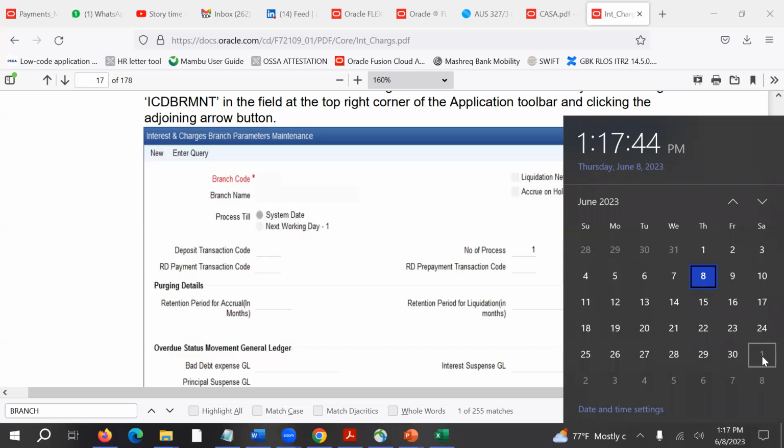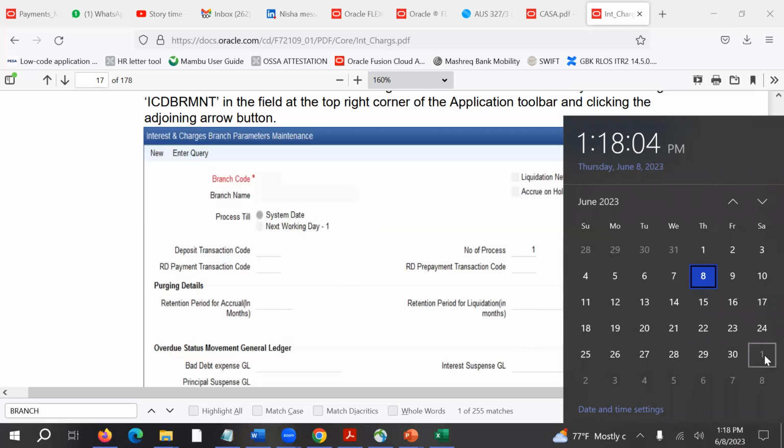If 30th is a holiday and I said next working day -1, then the system will process 30th also on 29th itself. If I say system date, then I will process only here.